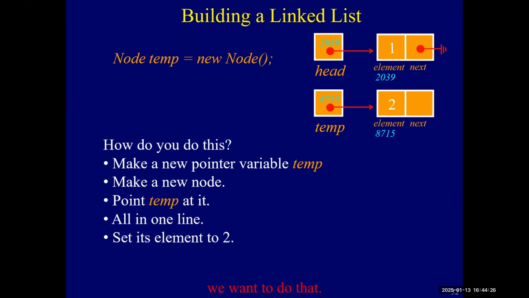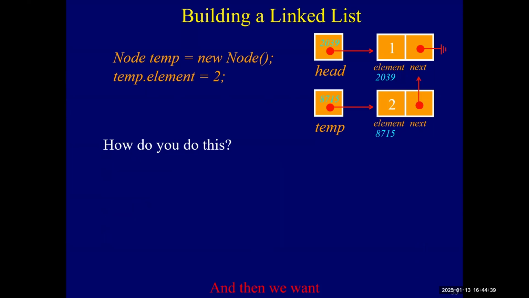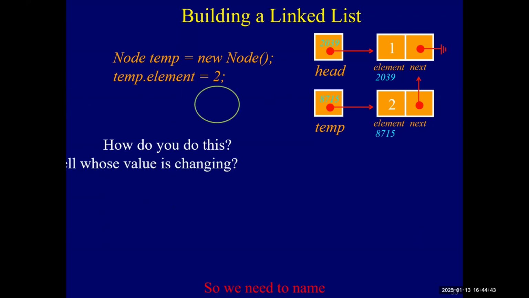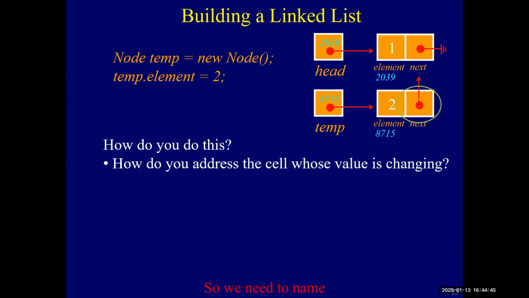And then we want to put a 2 in there. So how do we do that? We say temp.element, and we put a 2 in it. And then we want to point that up there. So we need to name where's the value that we want to move.